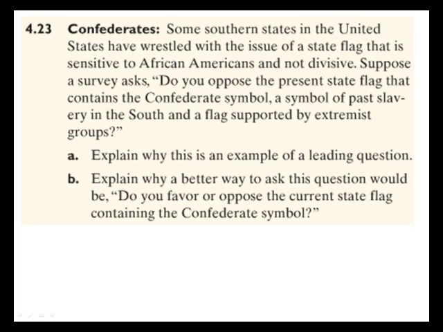So explain why this example is a leading question. Yeah, the question has already said it's supported by extremist groups. So that implies if you answered yes, then you must agree with extremist groups. So explain a better way to ask the question.